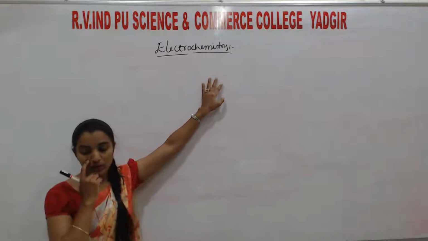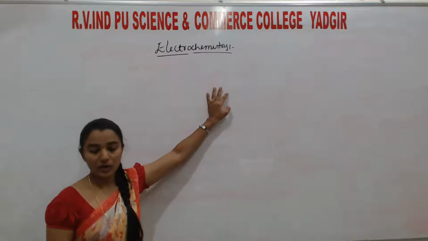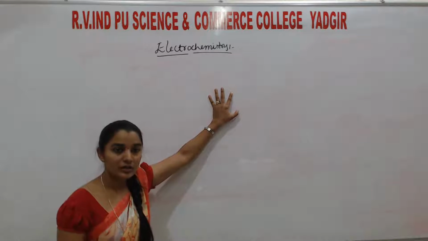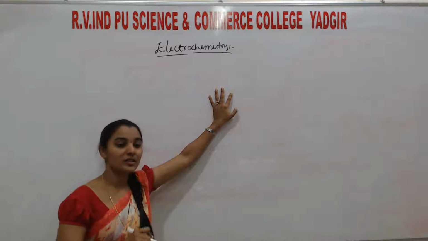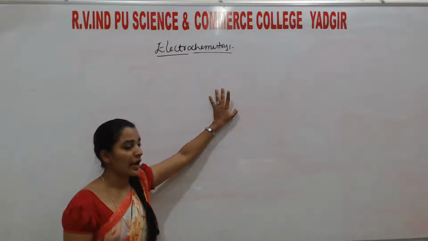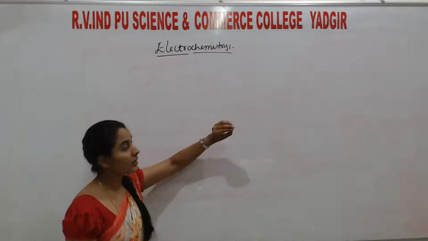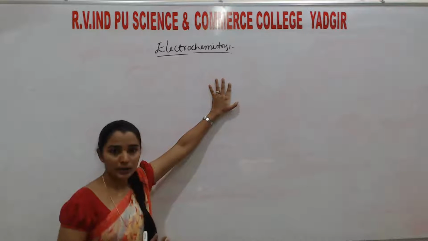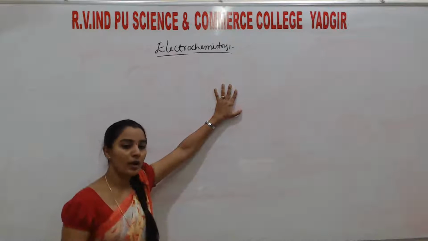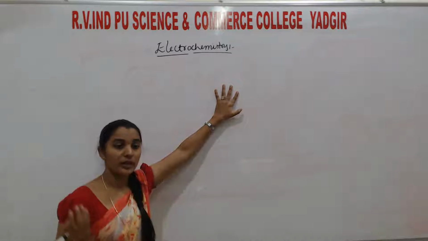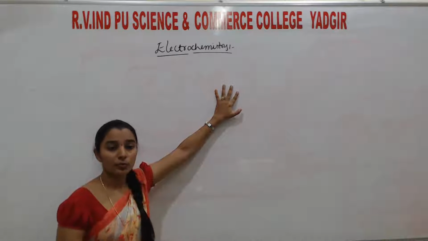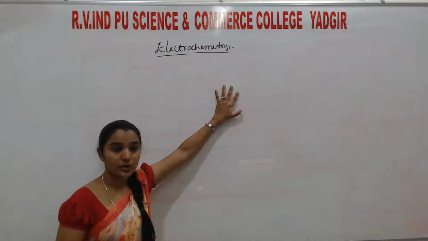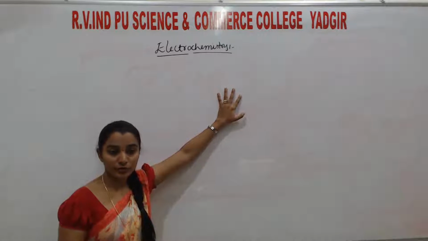It is the branch of chemistry which deals with the production of electricity from spontaneous and non-spontaneous reactions. In this electrochemistry, so many topics are there. We often use electrodes, solvents, electrolytes, electrode potential, standard electrode potential, EMF, meaning electromotive force.